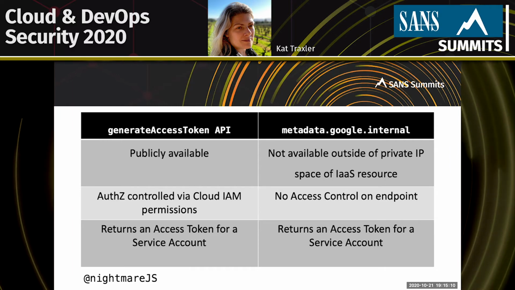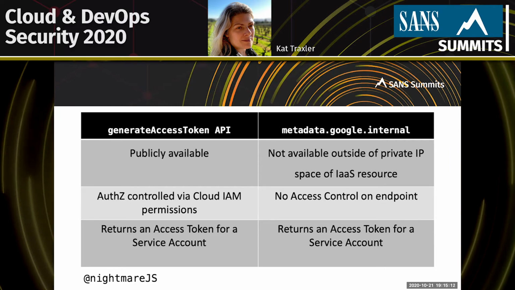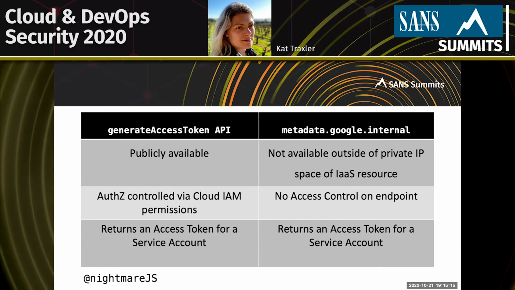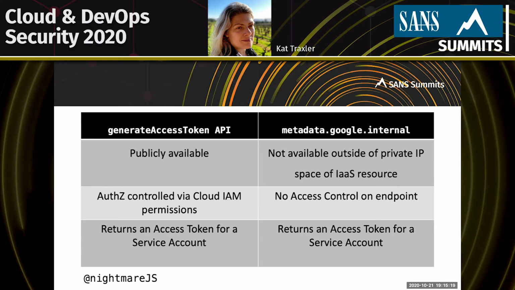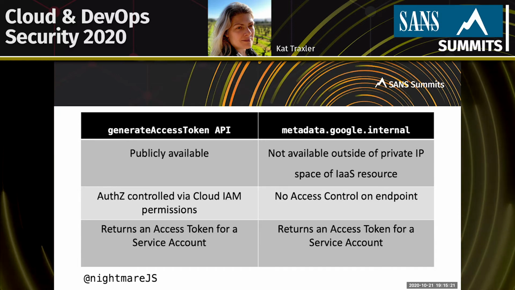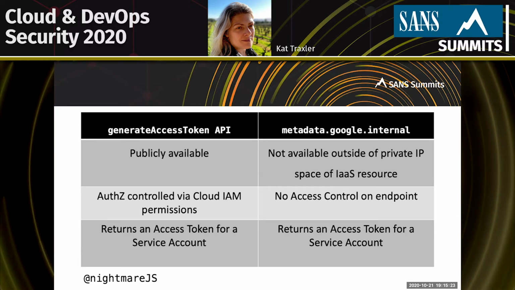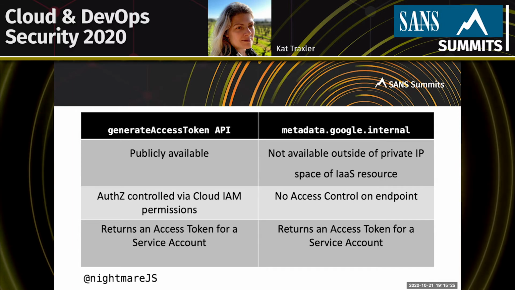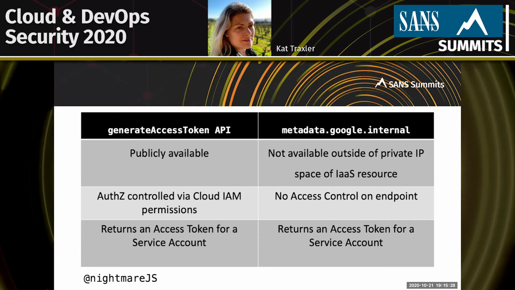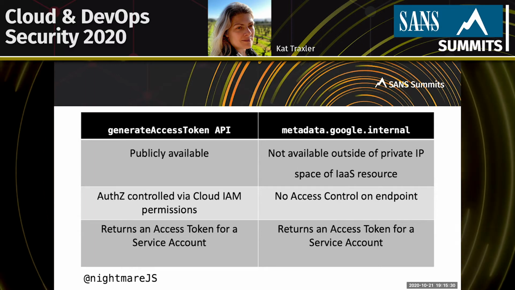Now, if we compare that to the API used for impersonation, the generate access token API, well, that API is public. There are no network restrictions. However, the ability to impersonate a specific service account is controlled by Cloud IAM permissions.